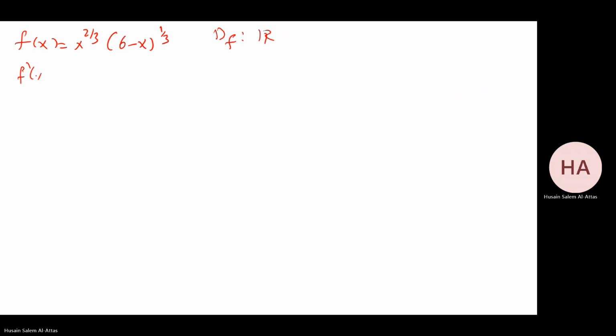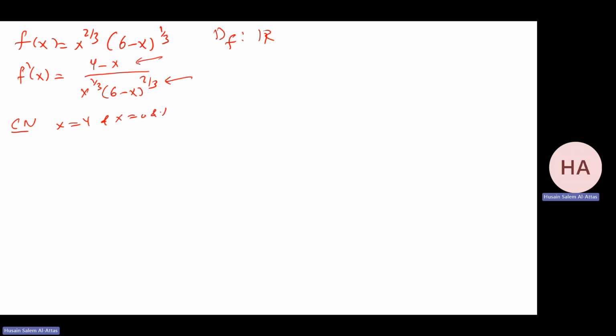For f prime, I think you know how to do f prime. Let me take it: (4 minus x) over x to the 1/3 times (6 minus x) to the power 2/3. That's f prime. So critical numbers: I have x equals 4 from here, and from here I have x equals 0 and x equals 6.